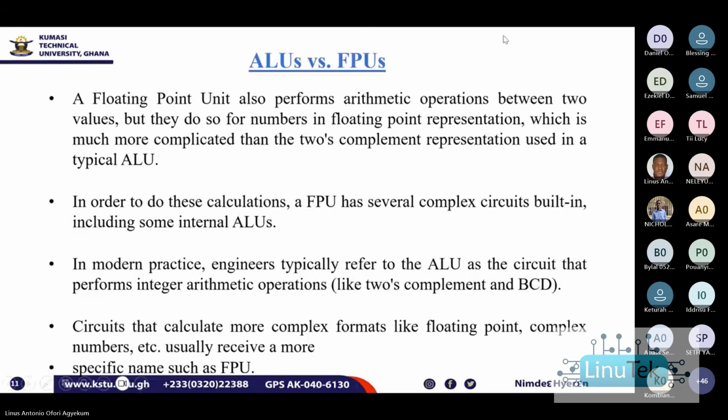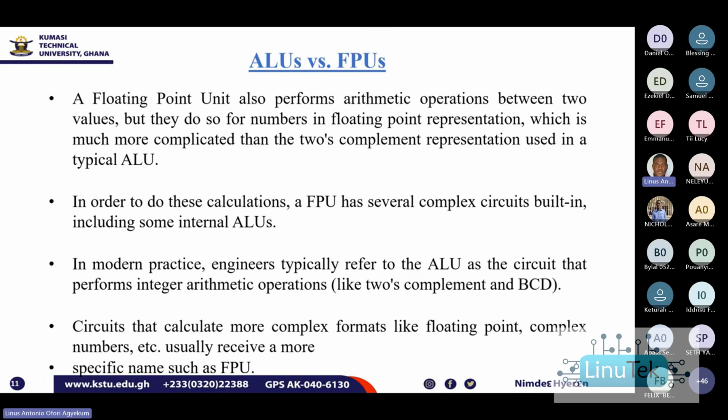Okay, so floating points are basically numbers that have decimal points.